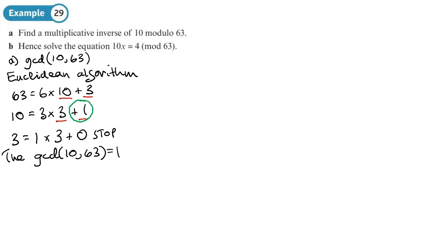So now we're going to use Bezout's identity and then work backwards so that we can write 1 as a multiple of 10 and 63. So the first thing we do is we go to this line of working here and we rearrange it so we can write 1 equals 10 minus 3 times 3.